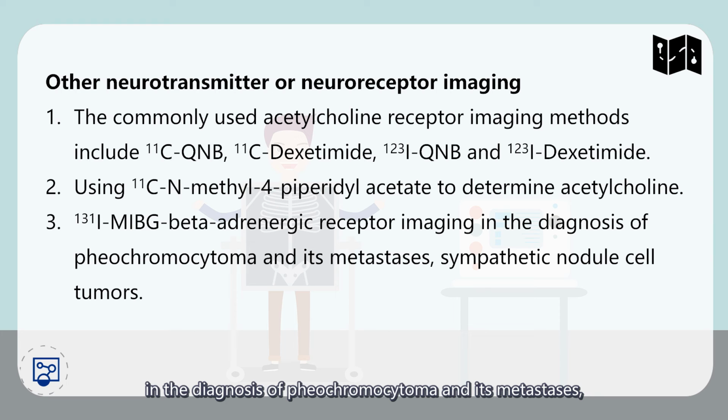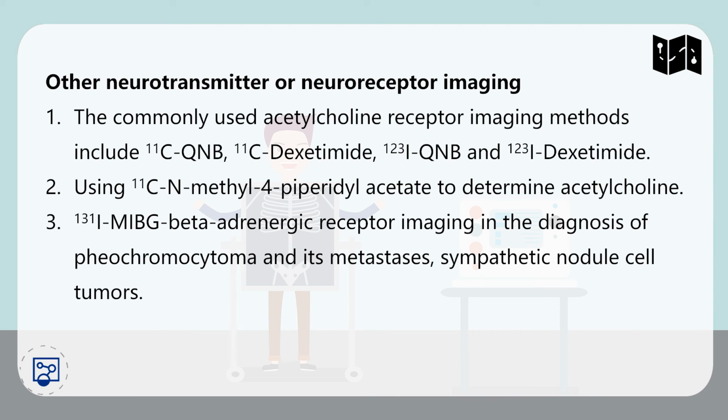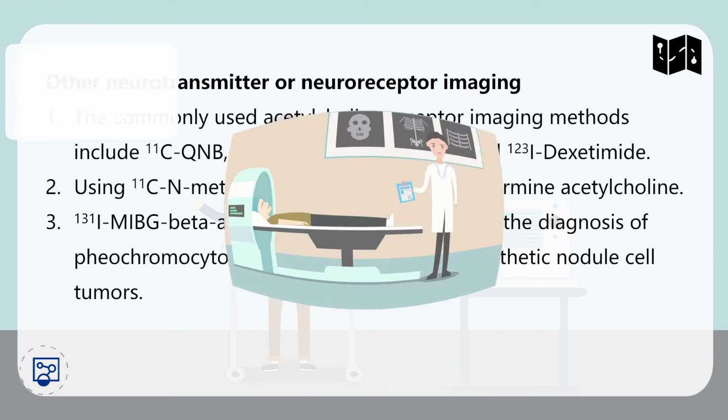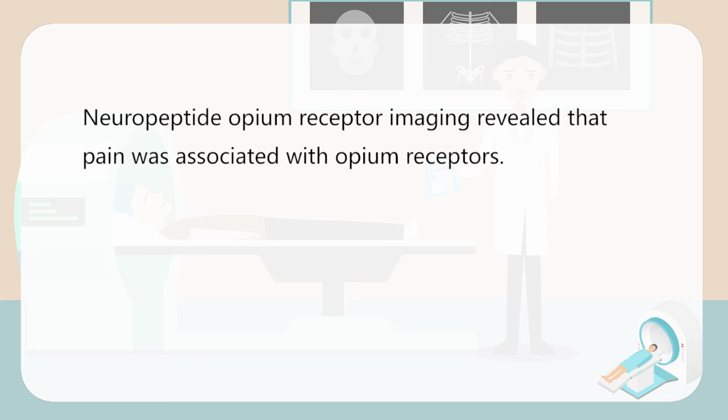Iodine-123 MIBG adrenergic receptor imaging is used in the diagnosis of pheochromocytoma and its metastasis, and sympathetic ganglion cell tumors. Neuropeptide opioid receptor imaging revealed that pain was associated with opioid receptors.